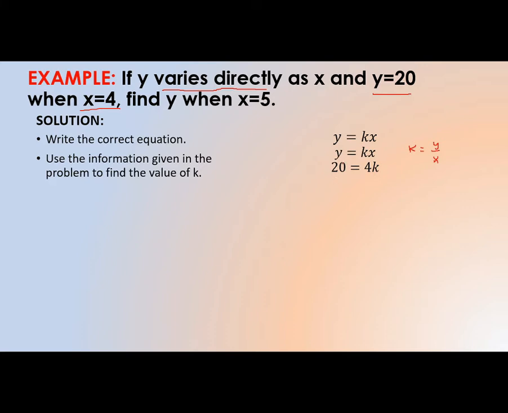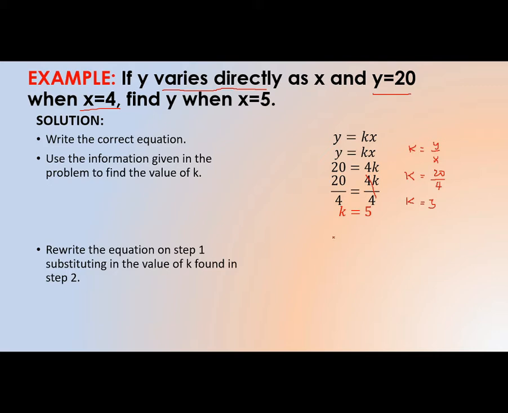Using that formula, we substitute: k equals 20 over 4. Then we get k equals 5. After finding the value of the constant, we rewrite the equation in step 1: y equals 5x, because we know 5 is our constant.